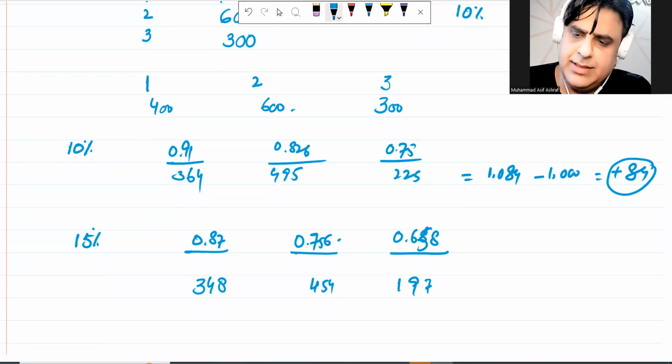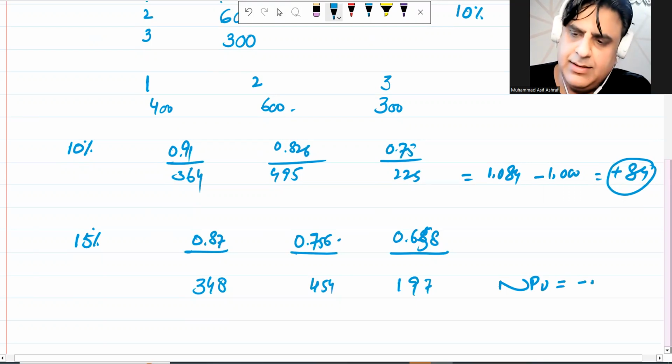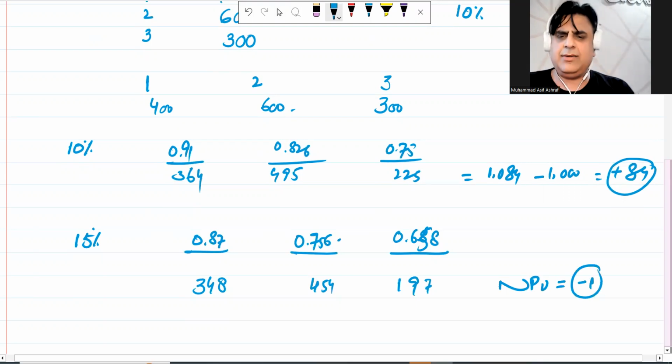This gives you an NPV of almost -1, so almost 0.